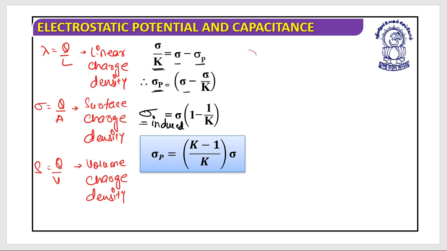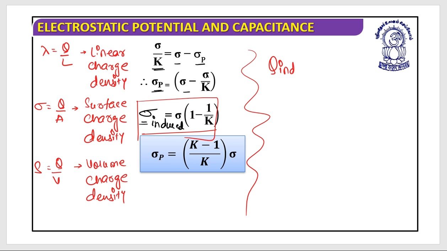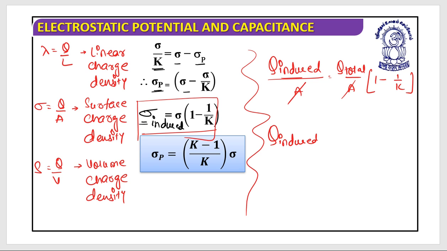So from this relation, I have one more relation. Q induced divided by area is equal to Q total divided by area into bracket 1 minus 1 by K. If the area is constant, Q induced would be equal to Q total into bracket 1 minus 1 by K, and this is just the magnitude.